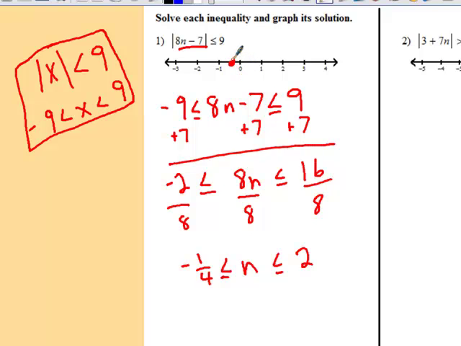And then it's going to be greater than -1/4, and it also has to be less than or equal to 2. So expect anytime you do an absolute value inequality that's less than, in the majority of cases, it's going to be in between two numbers. Okay, that is case 1.